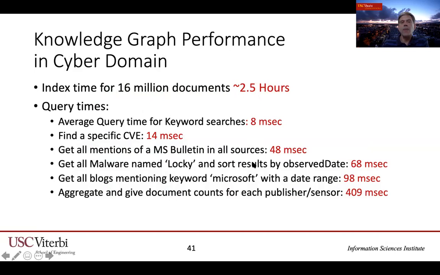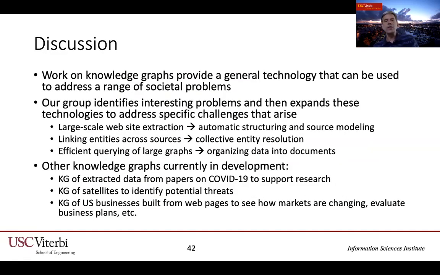When you get into more complicated queries where you're filtering on things, it increases the time slightly, but it's still under a second. Even the most complicated ones involving aggregating and doing counts are still under half a second, right? 409 milliseconds.